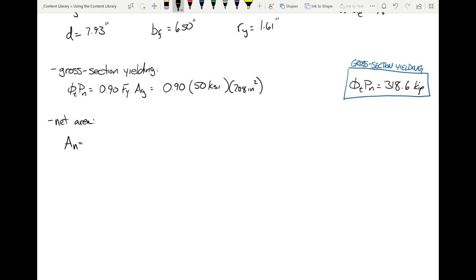We are going to use the expressions on 16.1-30 because we'll have to compute our shear lag factor. The formulas we're talking about are on 16.1-28: FU times AE, and AE is the net area times U. Everybody with me so far?